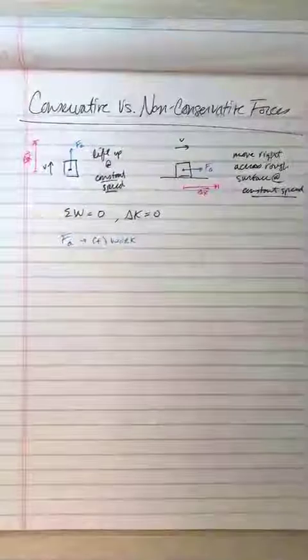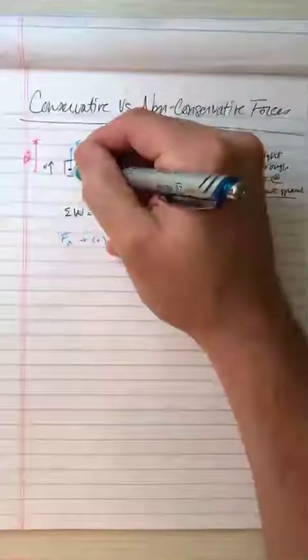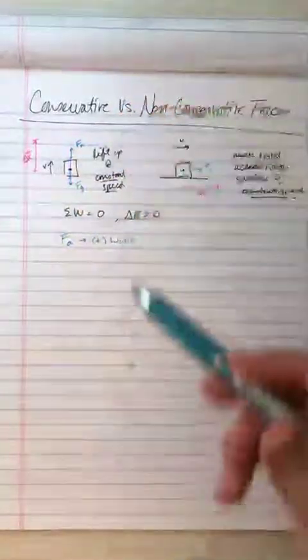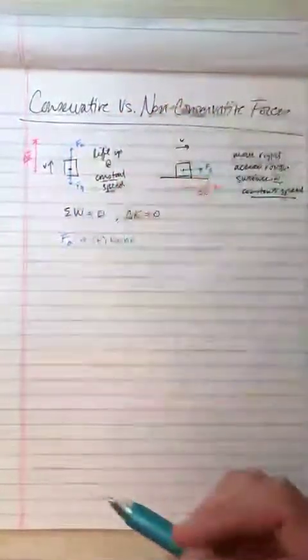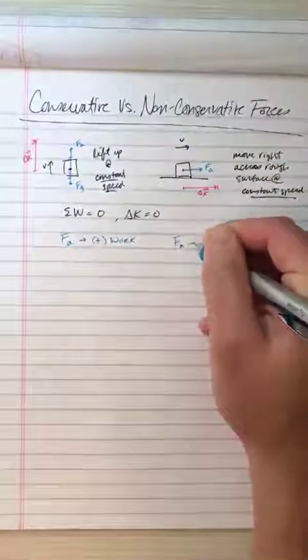That applied force would be increasing the kinetic energy of each object, but for an opposing force doing negative work. So in this case, since it's a constant speed, the forces must be equal and opposite. We're in a state of dynamic equilibrium. And in the case of lifting, we're lifting against gravity. So FA does positive work in both cases.